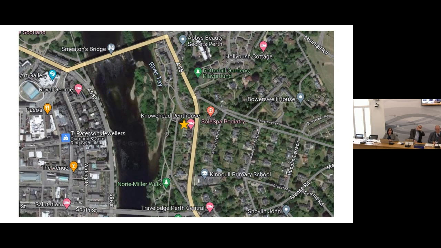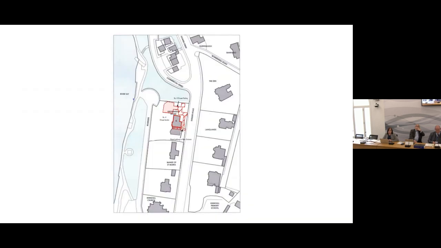The appeal site is denoted there with the yellow star, pretty much right in the middle of the aerial image. Next slide, please. This is the red line application site boundary, which is a bit convoluted, but includes the parking area and access off the main road and the pedestrian access into the flat, and then the flat itself.